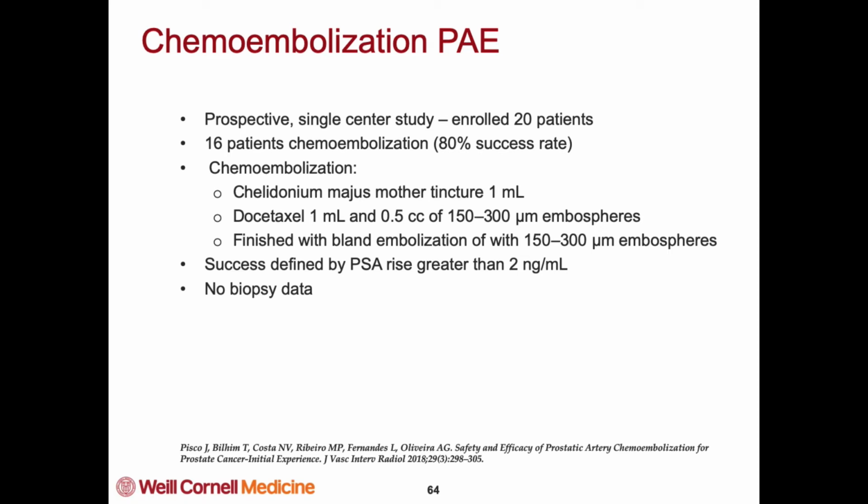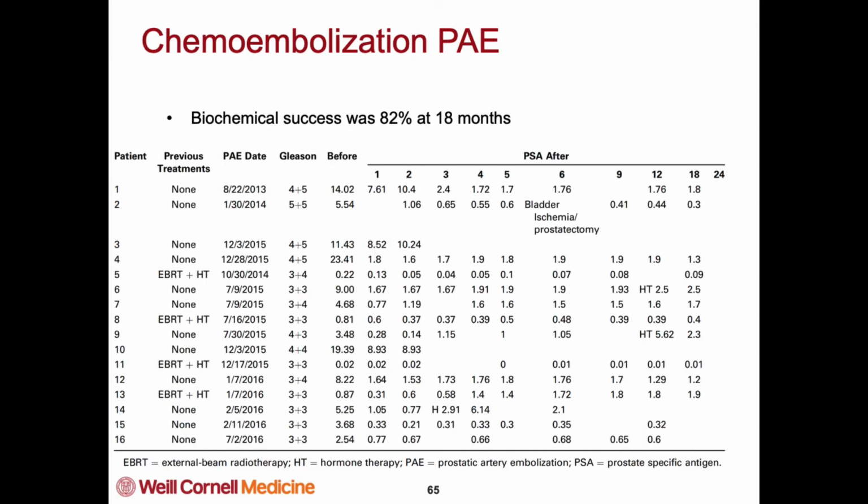And they only defined success as a PSA rise greater than 2 nanograms, so there was no biopsy data at all. They defined biochemical success at 82% at 18 months, but again, no pathologic proof that this did anything.